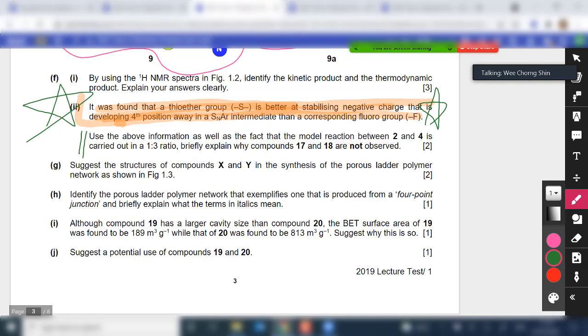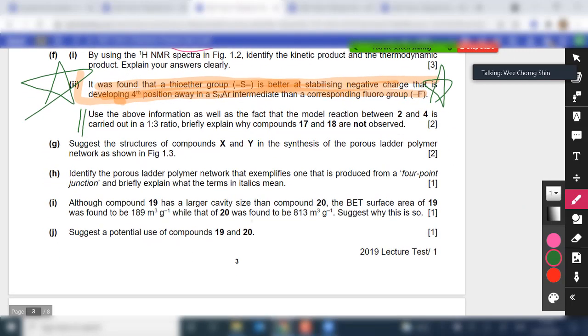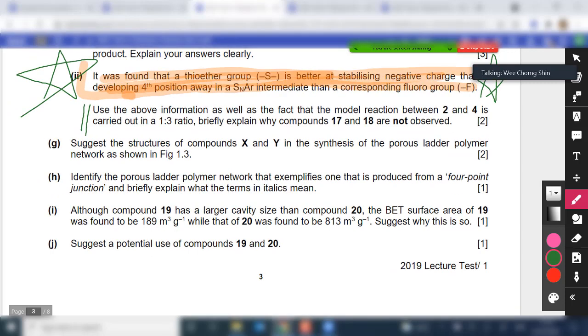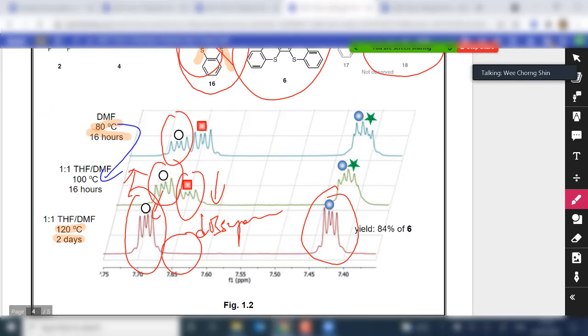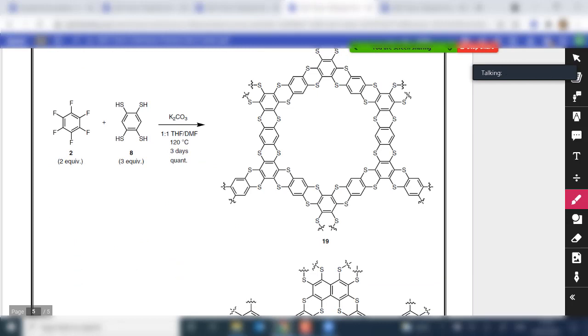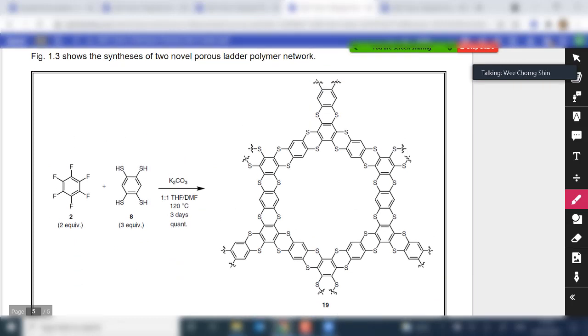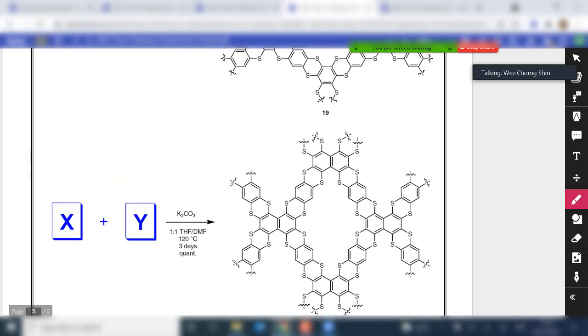Okay. Suggest X and Y to get 1.3, right? Okay, I think this is fine because what did you actually notice about this thing? Wait.